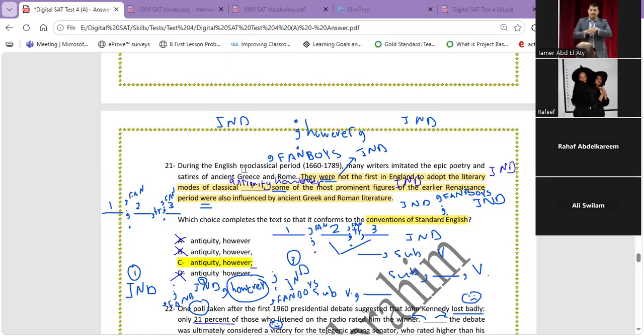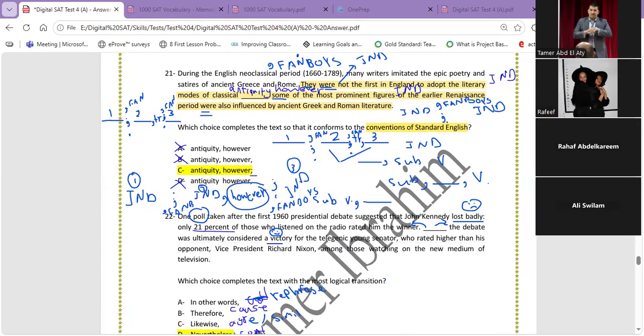During the English New Classical period, 1660 to 1789, many writers imitated the epic poetry and satires of ancient Greece and Rome. They were not the first. It's between sentence 1 and 2. They were not the first in England to adopt the literary modes of classical antiquity. So now we're going to apply this: comma, transition, comma, fanboys, or semicolon, or full stop. So the answer is C.